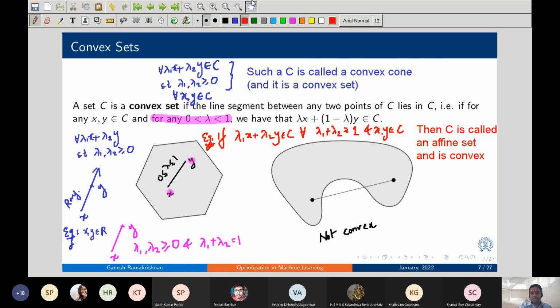Okay, so there are lots of special cases of convex sets you can get by relaxing the lambda. Here we have relaxed the lambda positivity. In the case of a convex cone, we have relaxed the summation to 1. It's just interesting to know the difference.